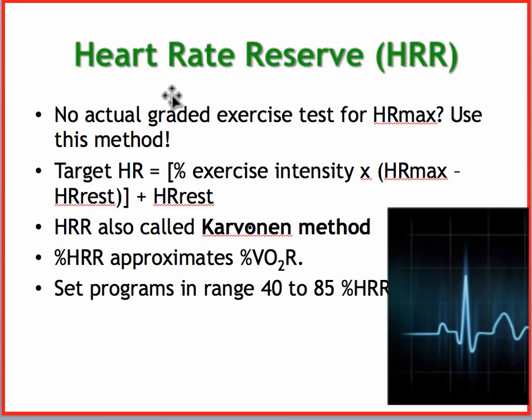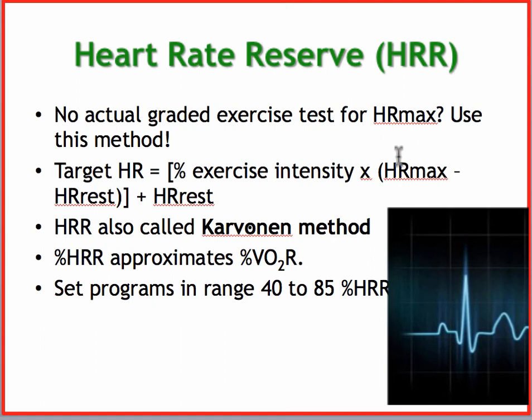If you haven't done an actual test to determine heart rate max, you can use heart rate reserve. This is very easy. You determine the exercise intensity that you want them to exercise at, which depends on their fitness and the phase of exercise they're in, and you multiply this by their heart rate reserve.